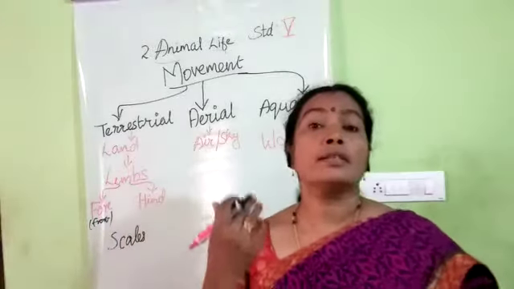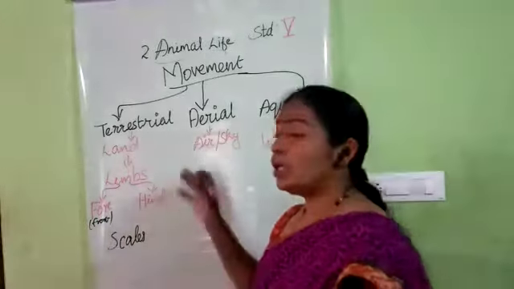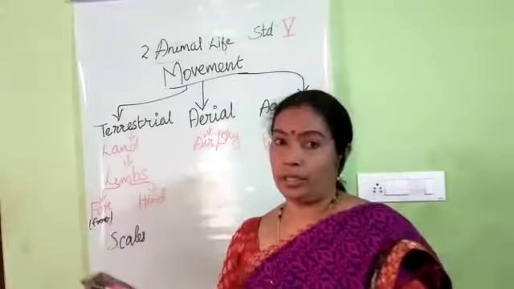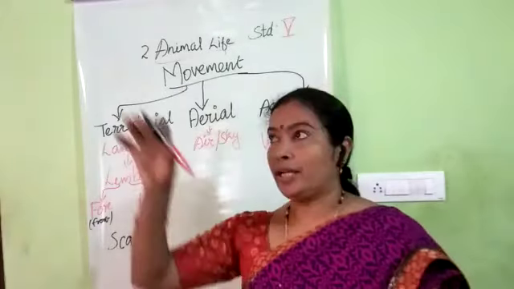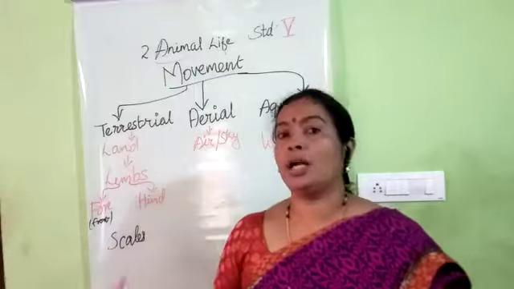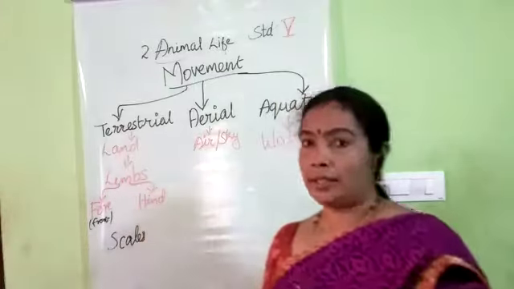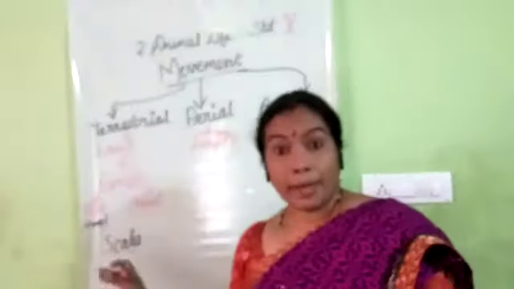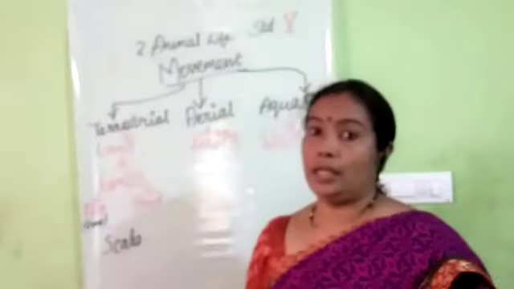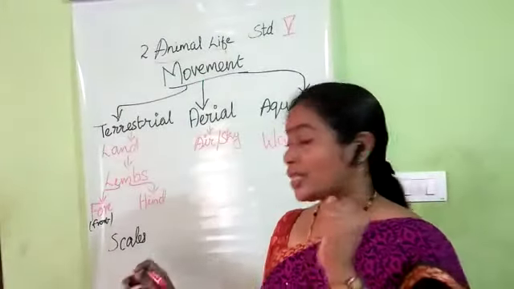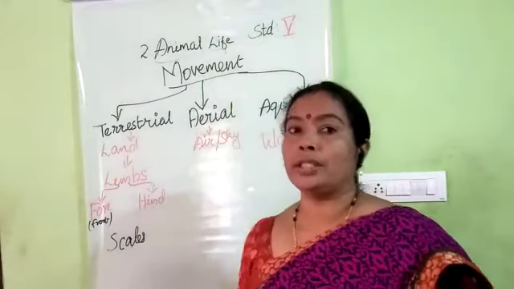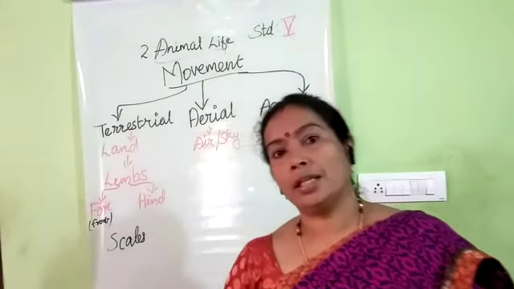A spider has 8 legs, isn't it? Using those, they are traveling. Lizards have 4 legs, they travel on the walls, or the garden lizard travels on plants and trees. And some animals don't have any legs, like our snakes, but they have strong scales under their body. Using that it is moving. Is it clear?